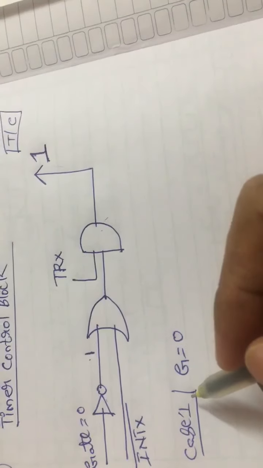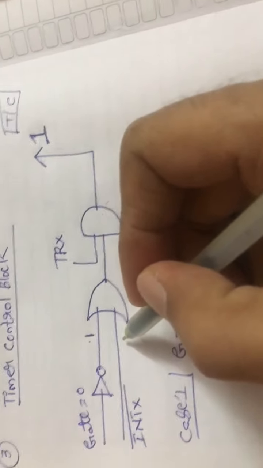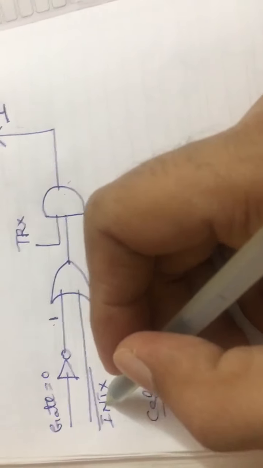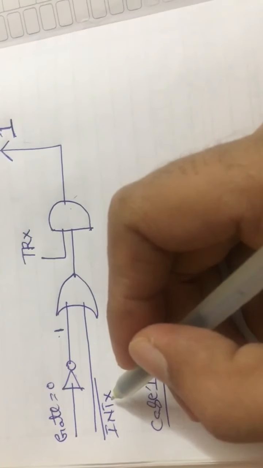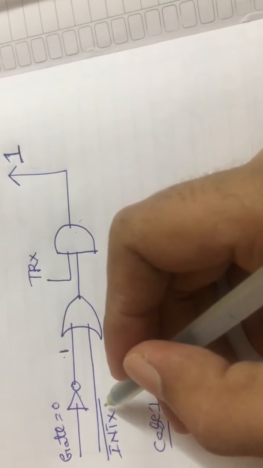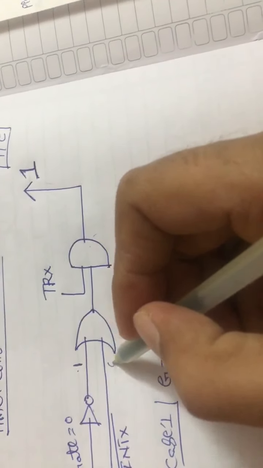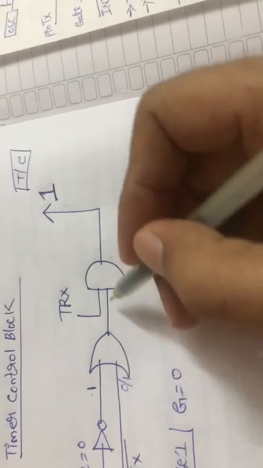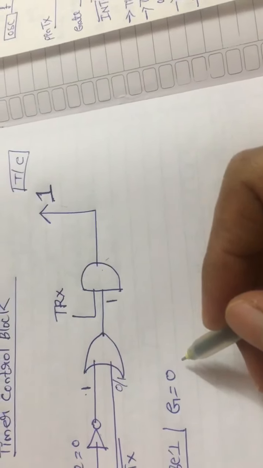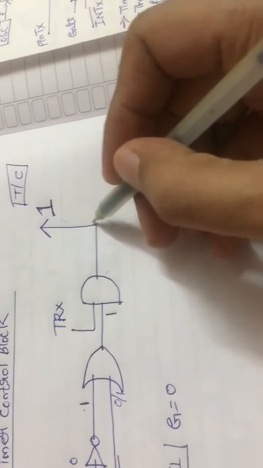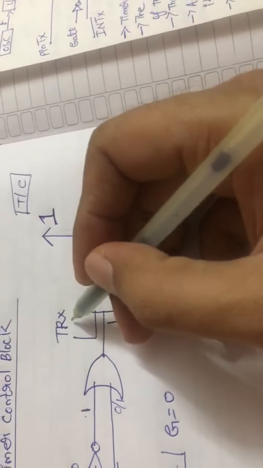And I will not care about this one more input, that is INTX bar, where INT stands for interrupt. I don't care about that because one of the inputs is already equal to 1. It may be a 0 or a 1, I don't care. The output of this should be equal to 1, right?